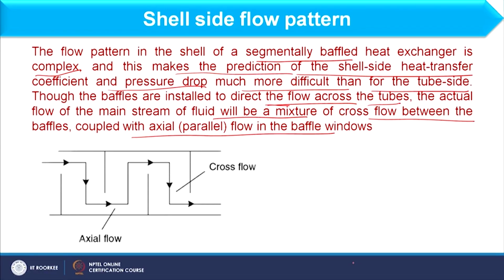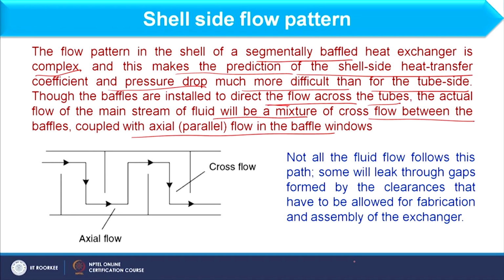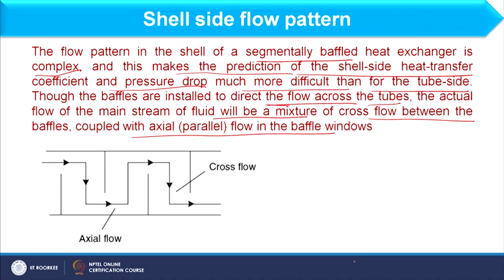Okay. What is the meaning of this? If you see this schematic, here we have the shell, and these are basically the baffles. So, the movement of liquid will be like this, right.